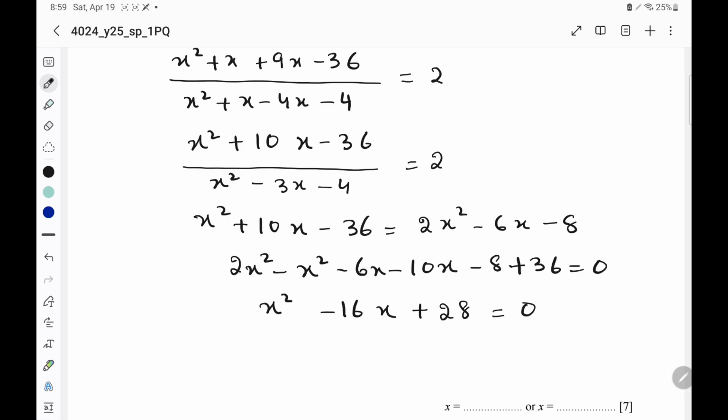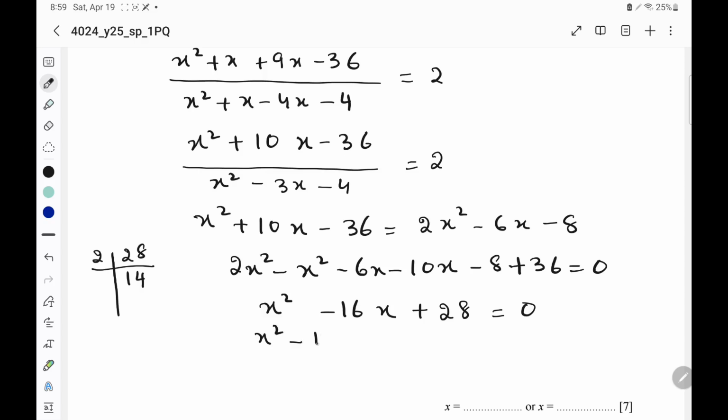Now because it's a paper 1 question, obviously we'll have to factorize 28. So we should have a sum of 16. 2 and 14. We are getting 14 times 2 is 28 and have a sum of 16.